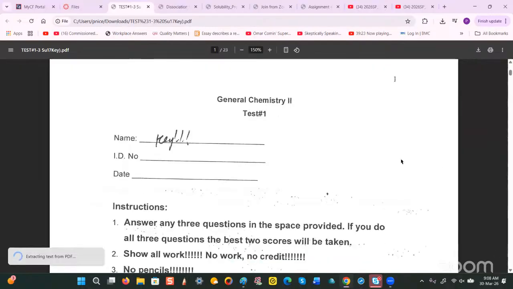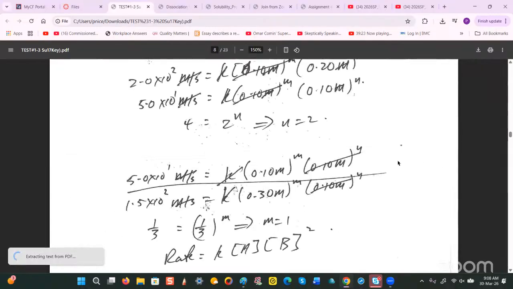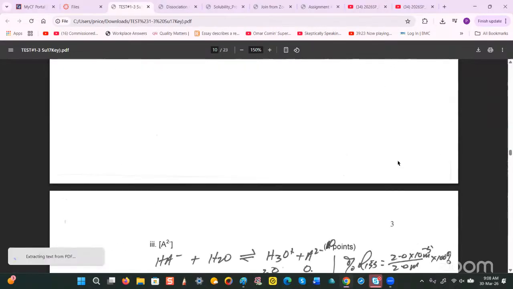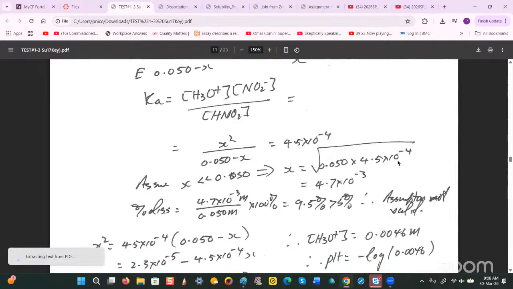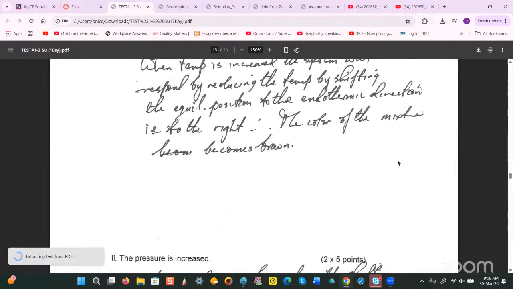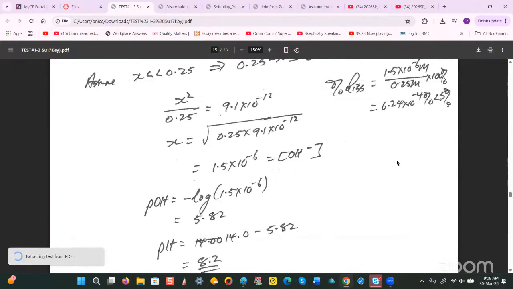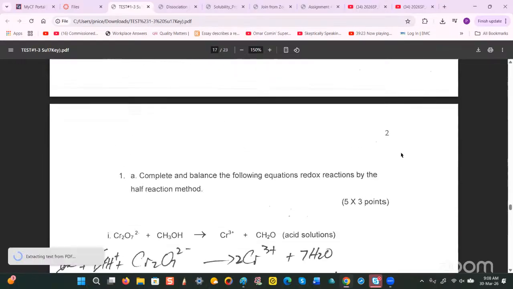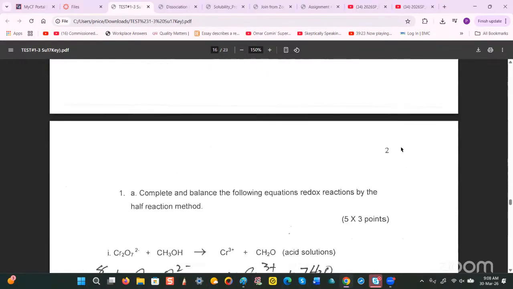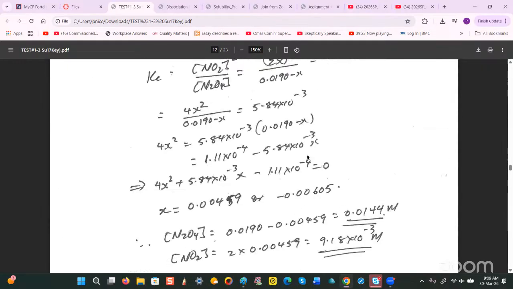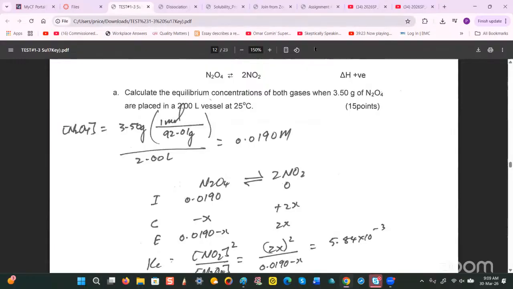Okay, so that's test number 1. Okay, test number 2. Yeah, test number 2 that I'm showing you here, that should prepare you. Let me see here, test number 3. Right, I wouldn't look at test number 3 here. So I would use test number 2 here as a review to prepare for your test number 2.